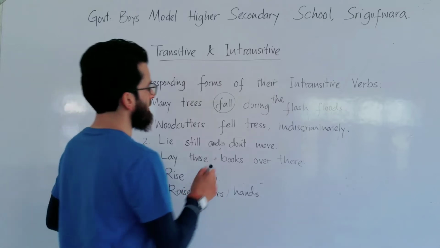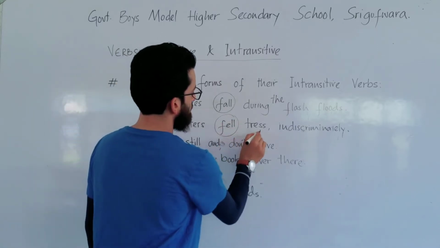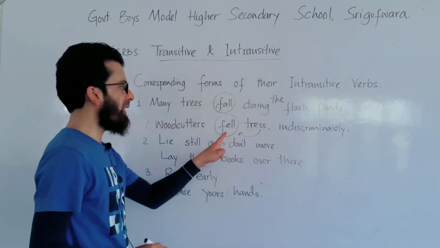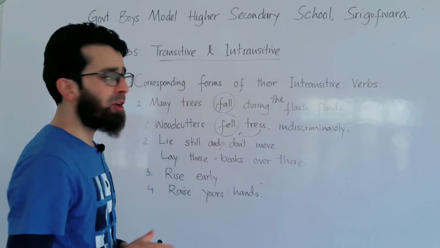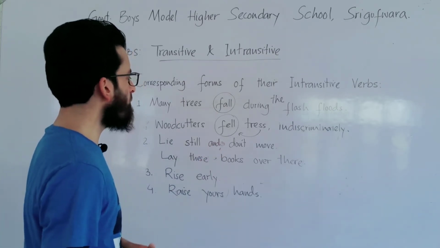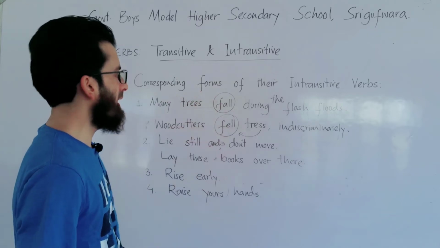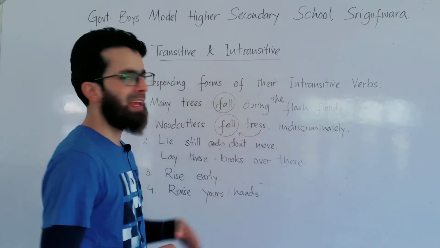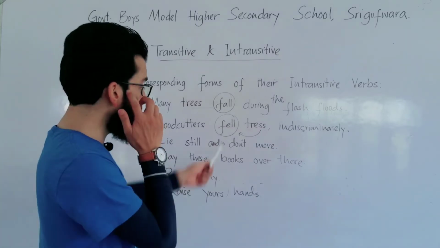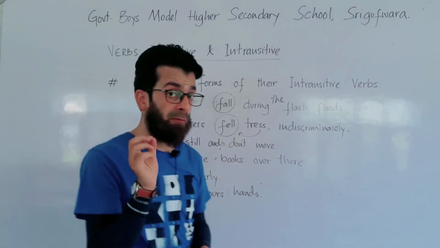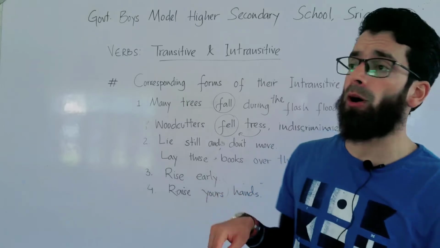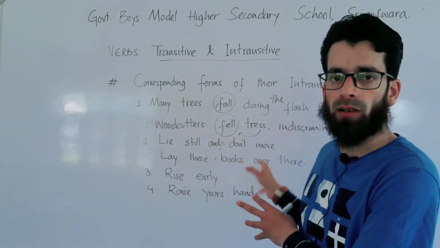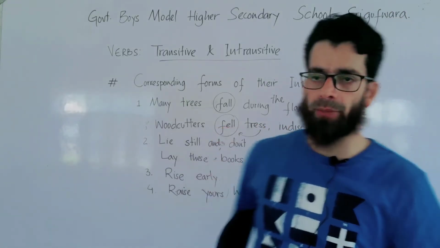Here you can see the difference. The trees are the object of fell, and this fell is the causative form of the corresponding intransitive fall. F-A-L-L fall, F-E-L-L fell. And remember my dear students, fell is not the past form of fall, fell, fallen, like that. It is just a base form.